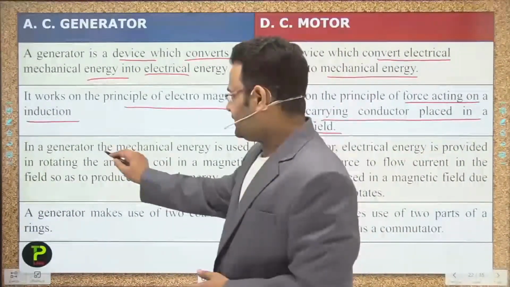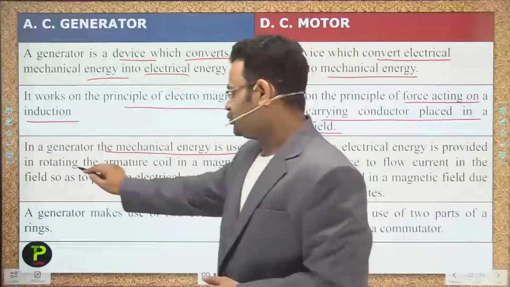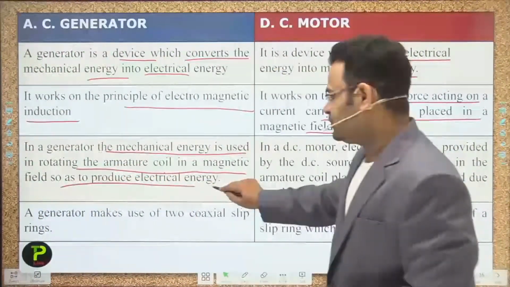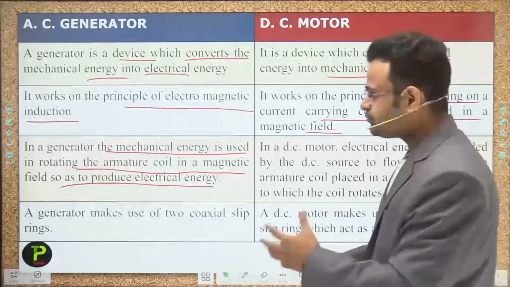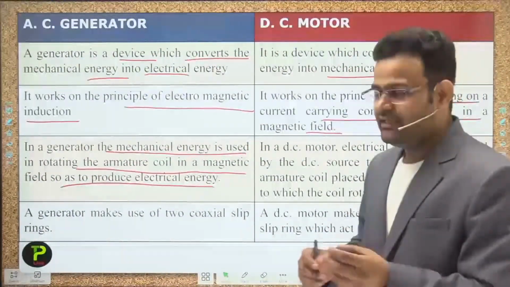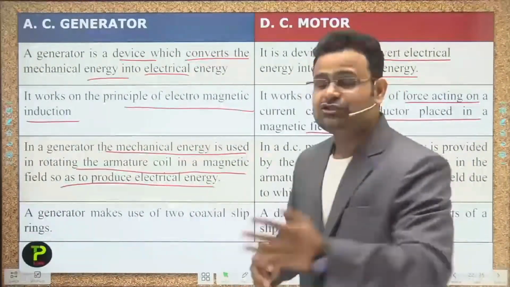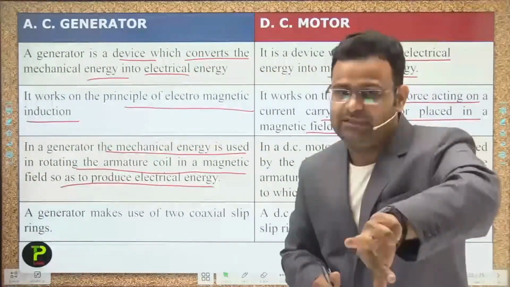In a generator, the mechanical energy is used to rotate the armature coil in a magnetic field so as to produce electrical energy. Mechanical energy means the external mechanical energy given to the generator is used to rotate the armature.